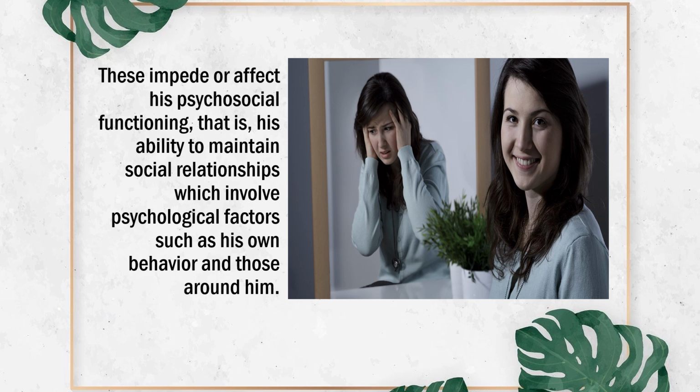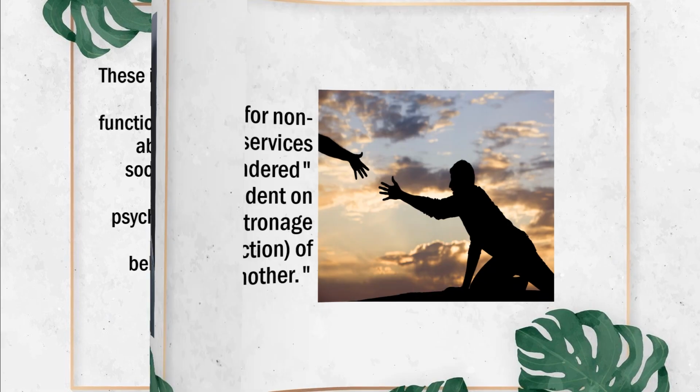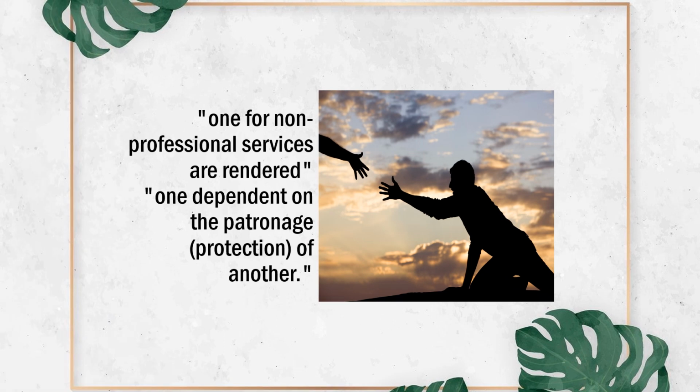The moment the process to help him is set in motion, he becomes a client of the assisting social agency, and specifically, of the individual social worker who has been assigned to help him. The dictionary defines a client as one for whom non-professional services are rendered or one dependent on the patronage or protection of another.